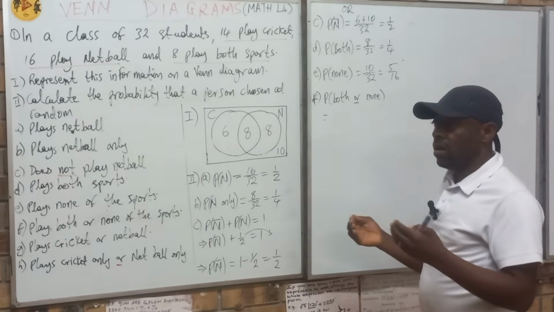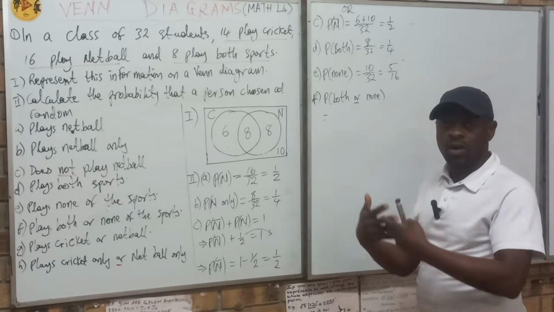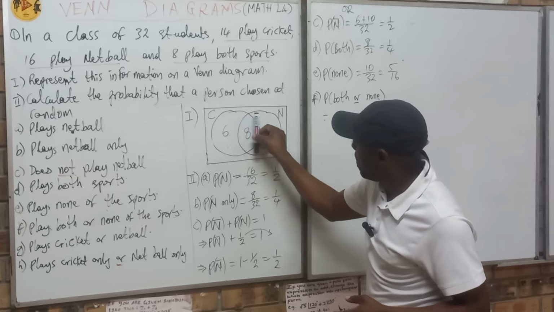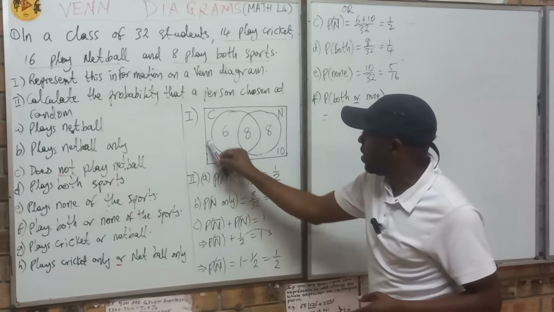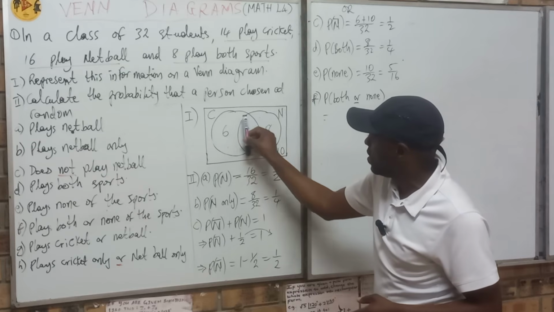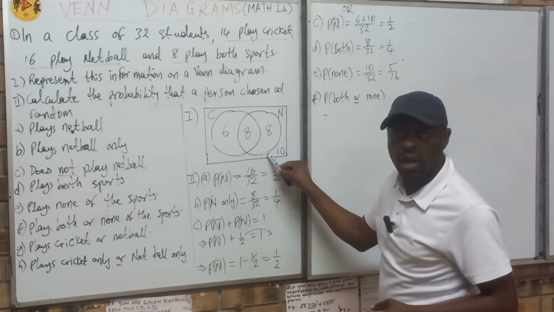Inclusive means they can happen together at the same time, and in the Venn diagram they should overlap. So the portion for both is the portion with the 8 there, then the portion for none of the sports is the portion with the 10. So if you look at the Venn diagram, you will see that the portion that has 8 in the center will never overlap with the portion that has 10 outside the two circles.